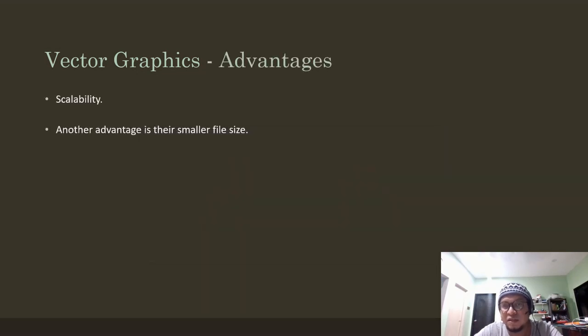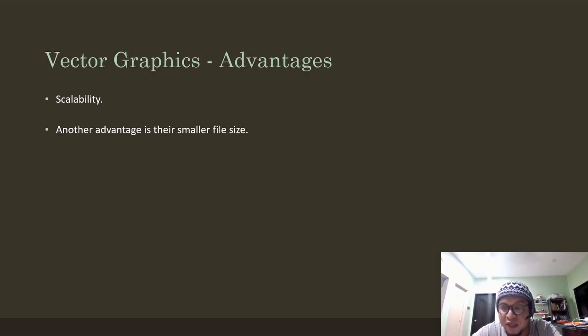Next is vector graphic advantages. The first one is scalability. Because vector graphics are derived from mathematical vector relationships, or relationships between points that create lines and curves, they appear clean and exact at any size.